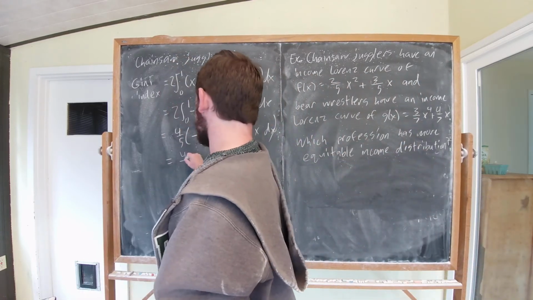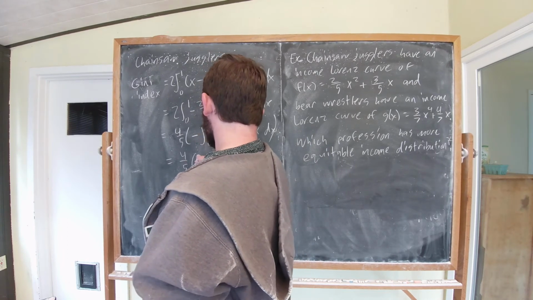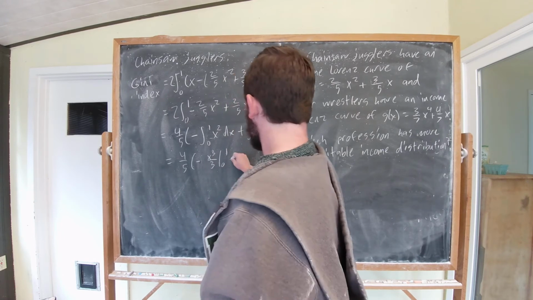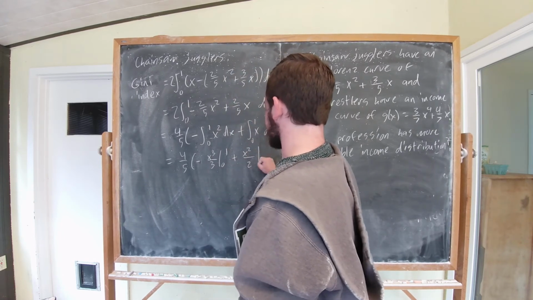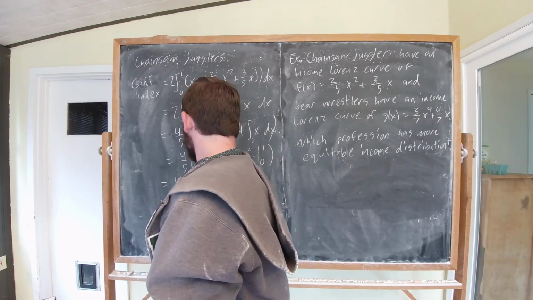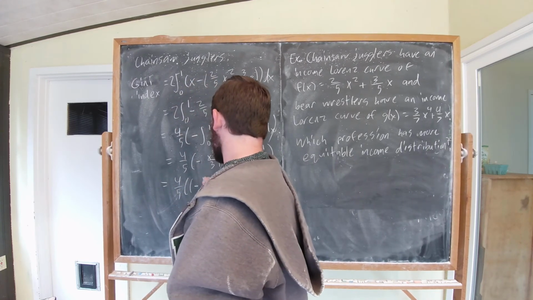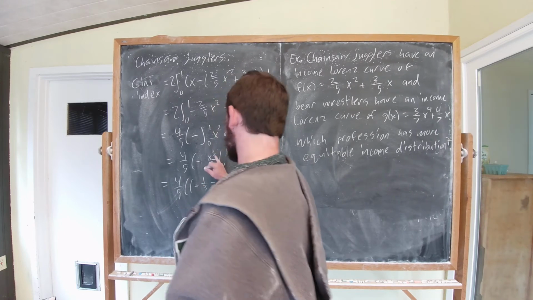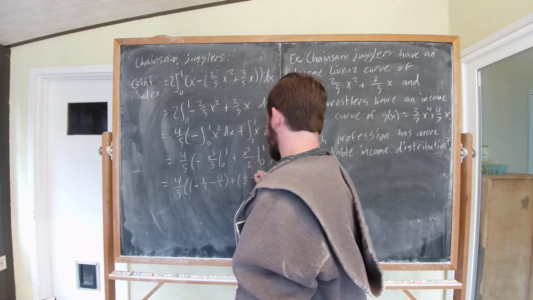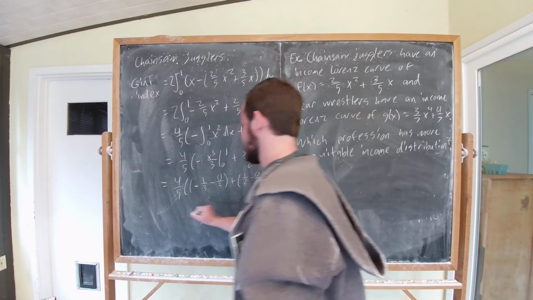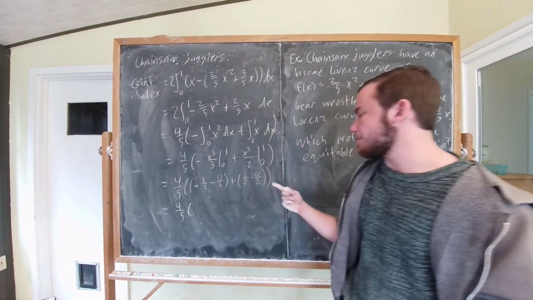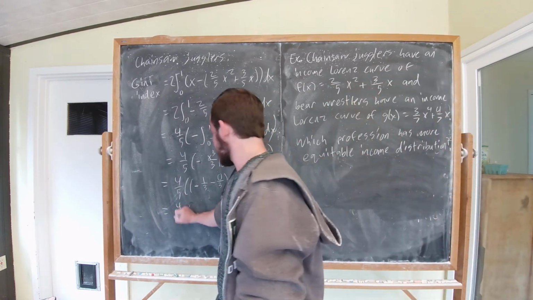Applying the power rule now says this is 4/5 times negative x cubed over 3 as x goes from 0 to 1 plus x squared over 2 as x goes from 0 to 1, which is 4/5 times negative 1/3 minus 0/3 plus 1/2 minus 0/2. This is 4/5 times 1/2 minus 1/3 is 1/6.